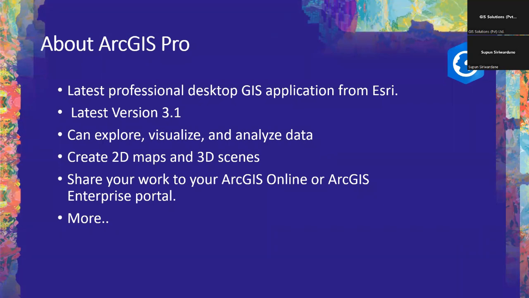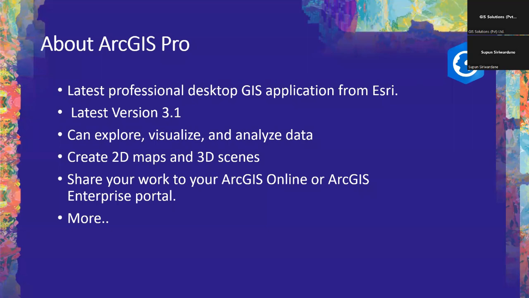What we can do is explore, visualize, and analyze data, like in ArcMap. Then create 2D maps and 3D scenes using the same document. You have the freedom to use the same document and create two types of maps, 2D maps and 3D scenes.